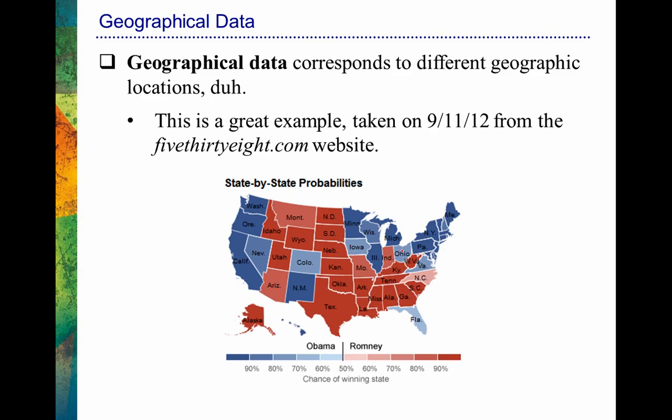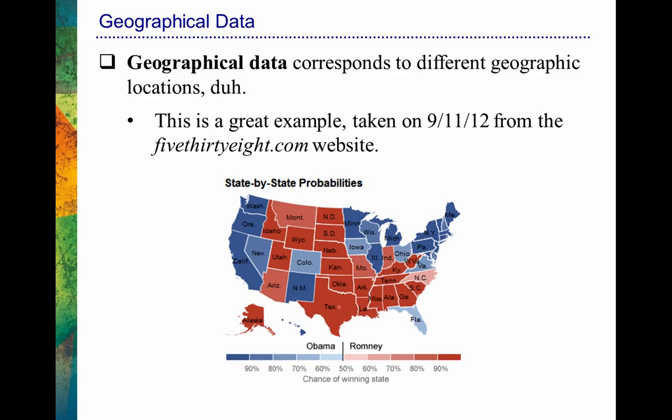If we look at Ohio, we can then see by its color, when we look at the scale here, that it represents Obama has somewhere between a 50 and 60% chance of winning. And again, even the colors make sense because you've probably learned from following political discussions that red is always associated with Republicans and blue is always associated with Democrats.